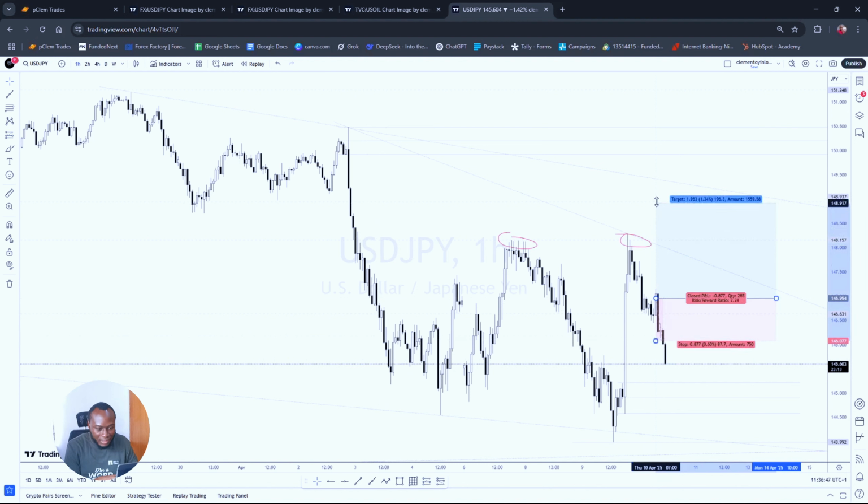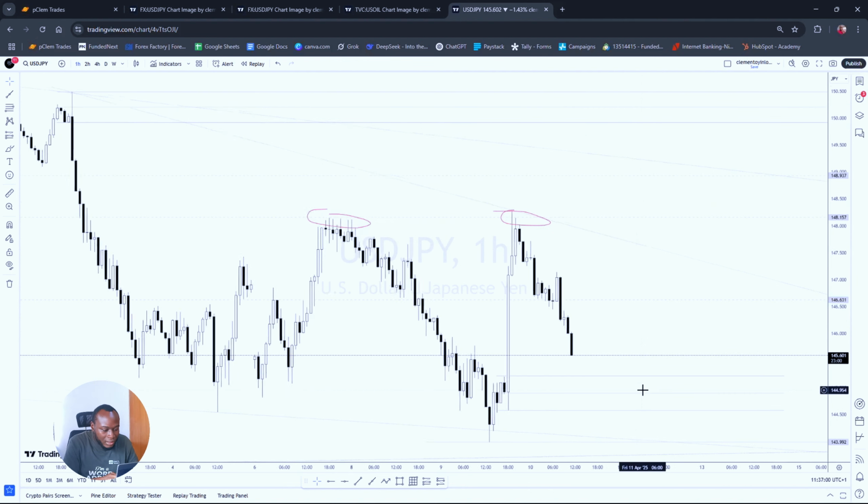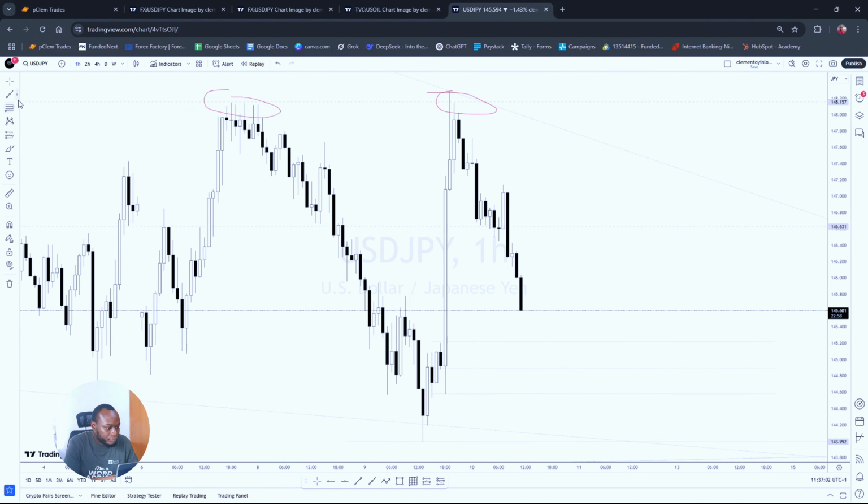My target was here, right? So that was about a 3 hour trade, and then I saw price coming down in my losses, so I had to close it manually around this region in loss, and then I saw this other block here.